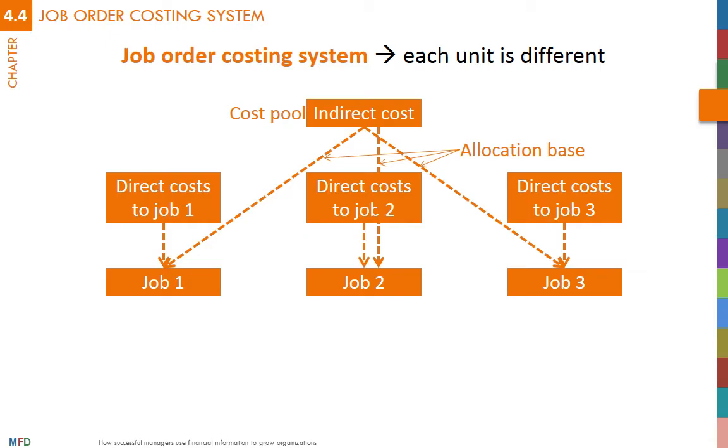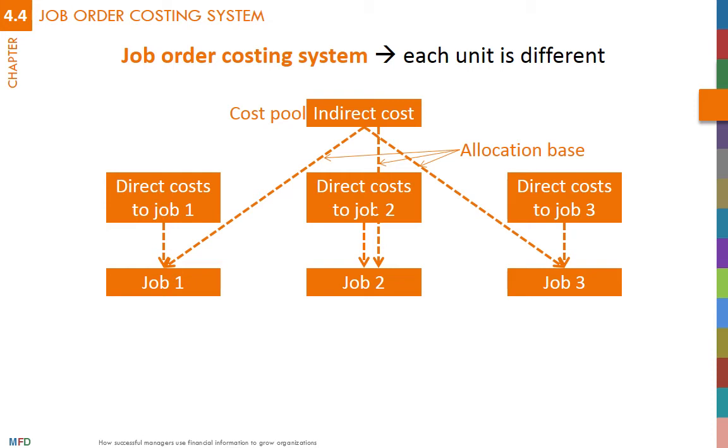For instance, a design may have used 25,000 euros in direct costs, 40 hours of programmers. Hours of programmer is the allocation base of the programmer's cost pool. And employed 5 people. Number of people is the allocation base for human resources cost pool.